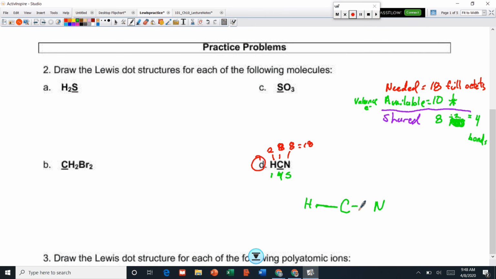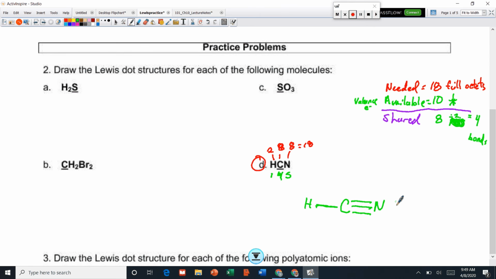So carbon is definitely going to make one bond, but to get 8 electrons, so I only have 4 electrons around carbon right now. So a double bond would be 6, triple bond would make it 8. All right, so right now I've accounted for 2, 4, 6, 8 electrons, and I need to get to 10.